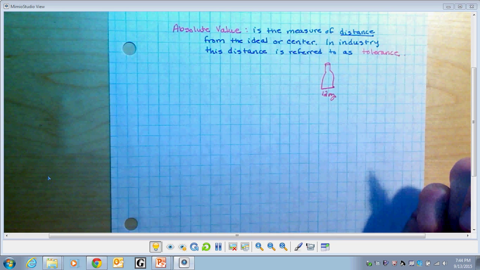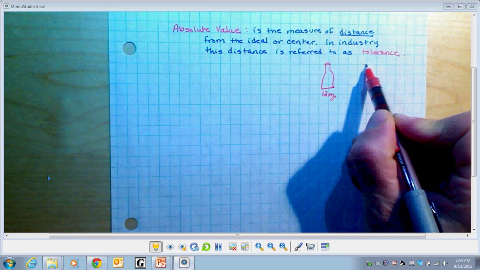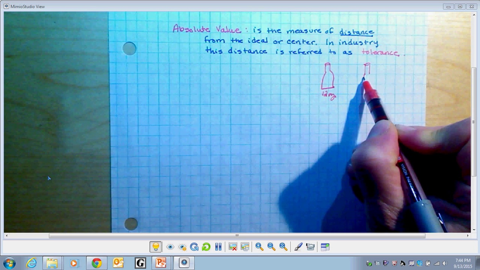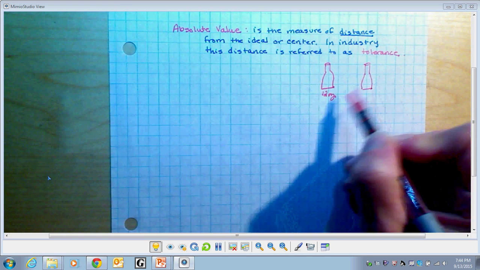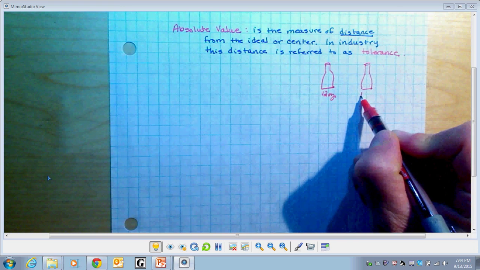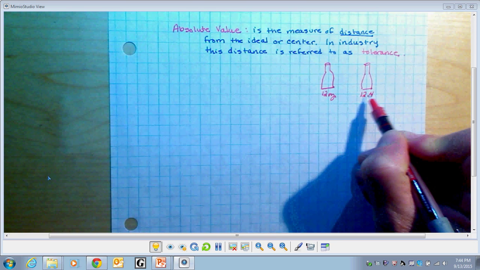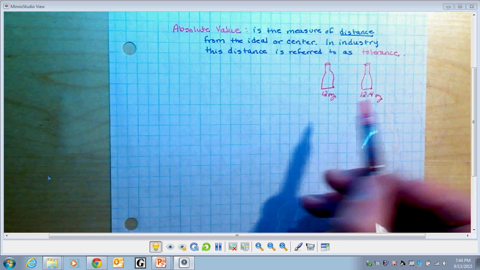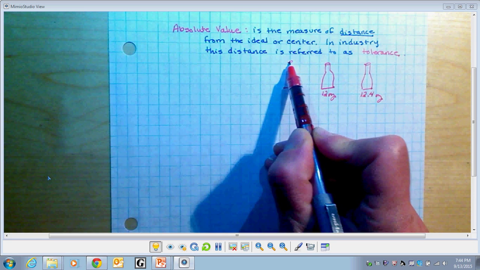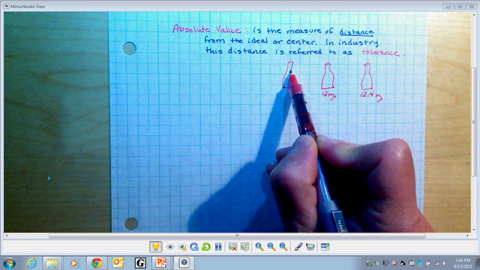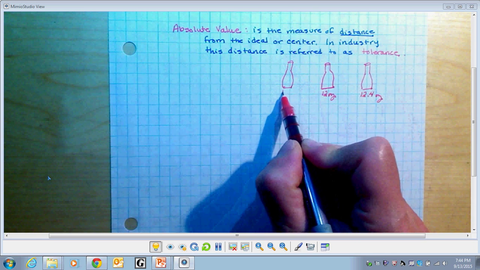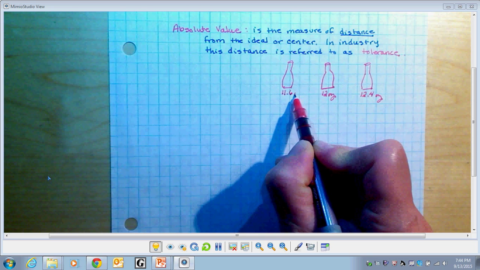So we talked about that it would be okay to sell a bottle of salad dressing that was 12.4 ounces, or a bottle of salad dressing that was 11.6 ounces.